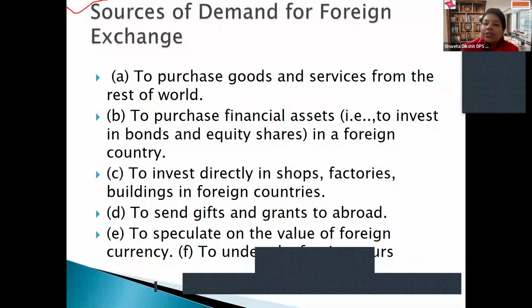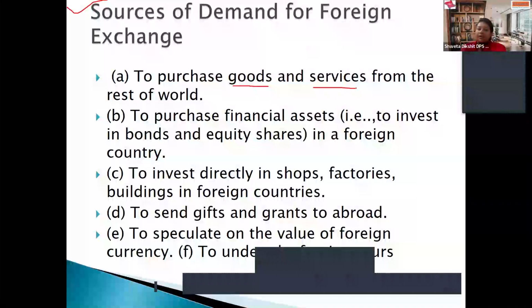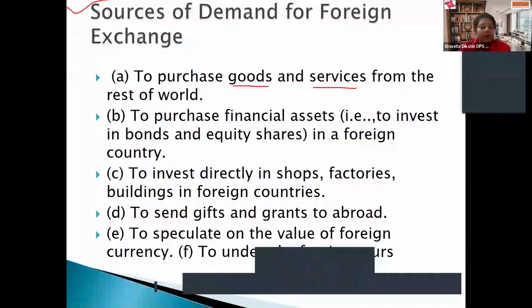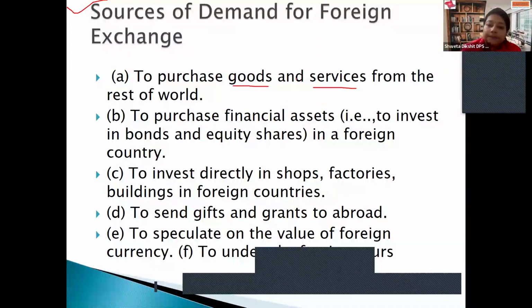A country demands foreign exchange when it has to make payments for the purchase of goods and services. For example, India purchases crude oil from the rest of the world. And for making the payment for the crude oil, the government has to have the currency in which they have to make the payment.